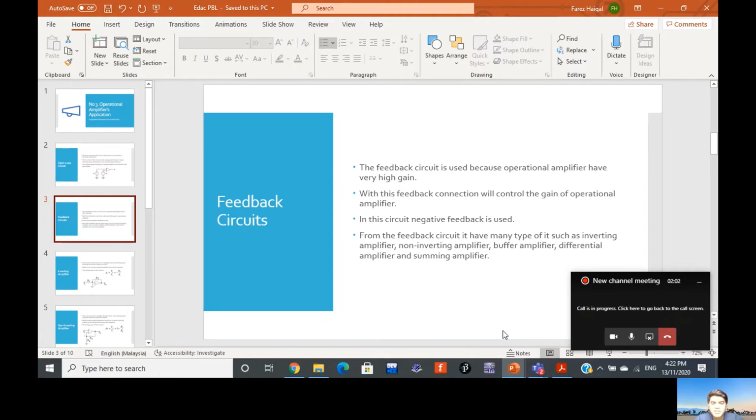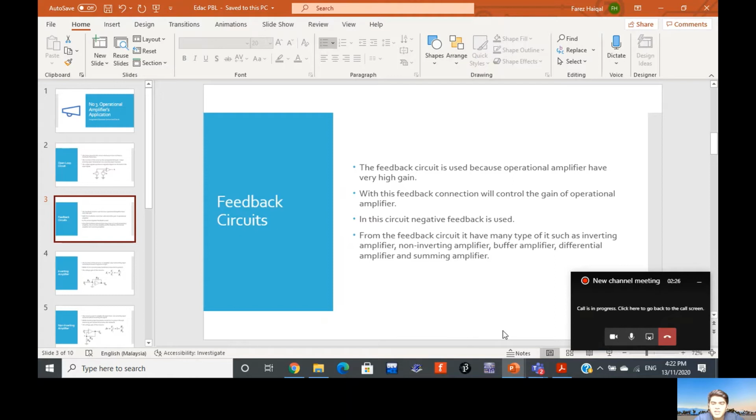In this circuit, negative feedback is used. There are many types of feedback circuit, such as the inverting amplifier, non-inverting amplifier, buffer amplifier, difference amplifier, and lastly the summing amplifier.